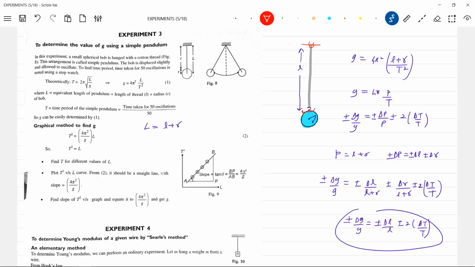What are the things which we are neglecting, which we don't consider? Wobbling of the bob. For the moment of inertia, you have to make a slight correction. Then the twisting of the wire, and buoyancy of air.